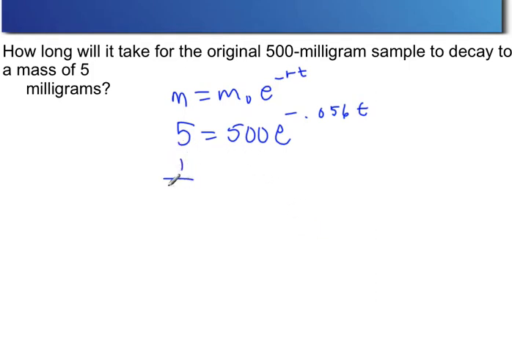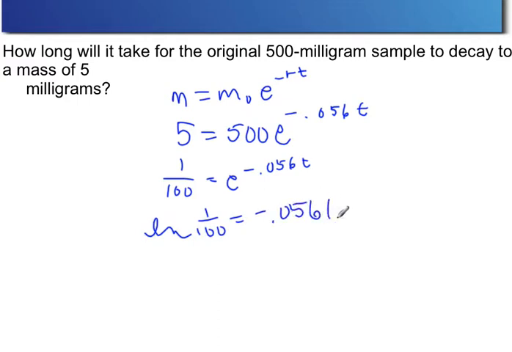That gives me 1 over 100 equals e to the minus 0.056 t. At this point, we're going to take the natural log of both sides. ln of 1 over 100 equals negative 0.056 t. And we'll divide both sides by negative 0.056.